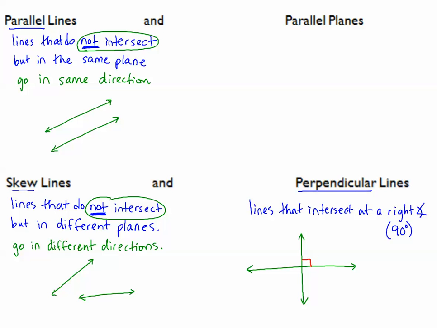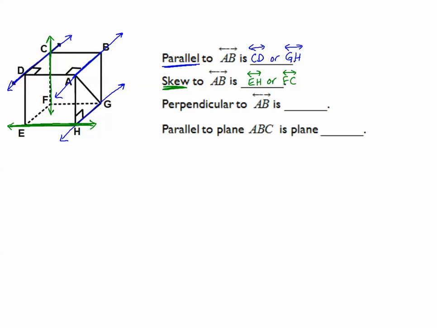Speaking of symbols, when we have to write shortcuts, parallel, the symbol is like the double L in parallel, or like two parallel lines, and a symbol we use for perpendicular is like two perpendicular lines, or like an upside down T. Let's go to our drawing of the box and identify which lines are perpendicular. So perpendicular to line AB, so intersecting it at a right angle.